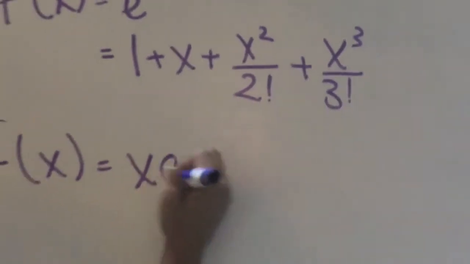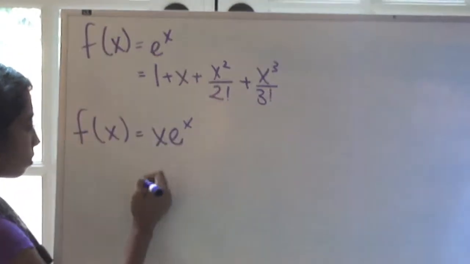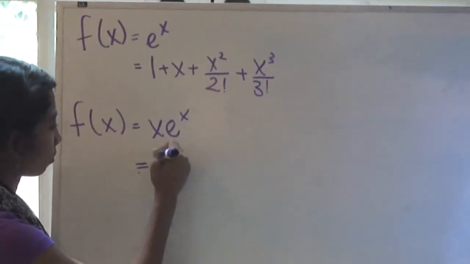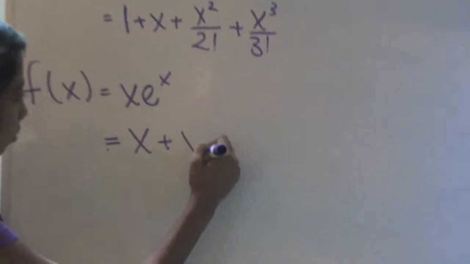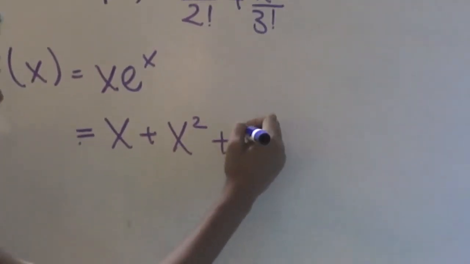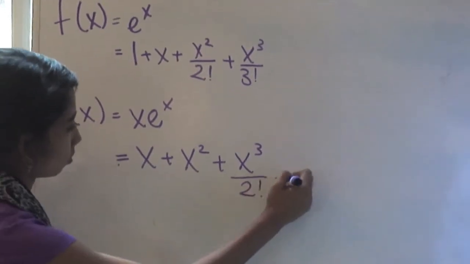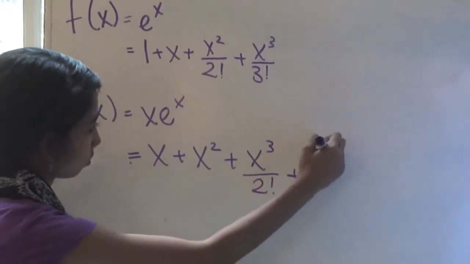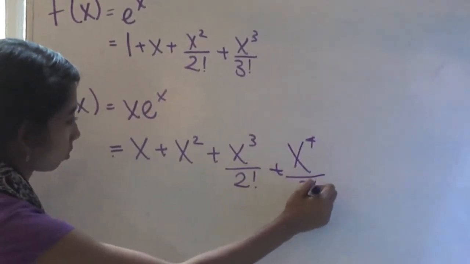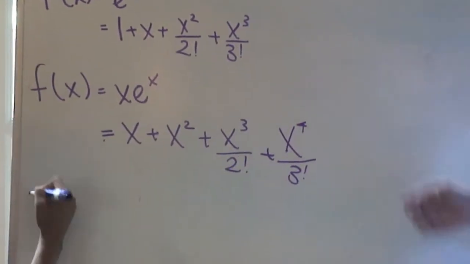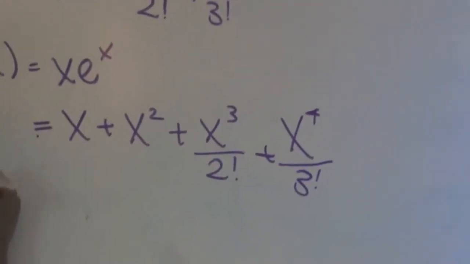If you want to find the Taylor polynomial for the function x e to the x, all you have to do is multiply each term of e to the x by x. And you get that polynomial.